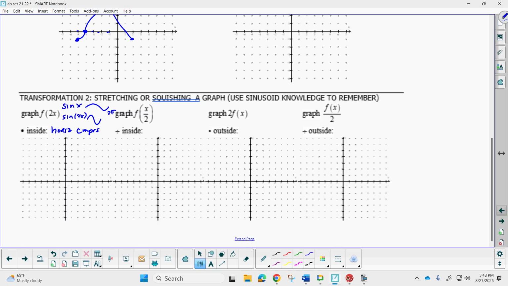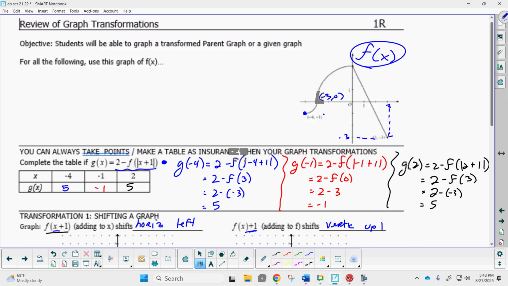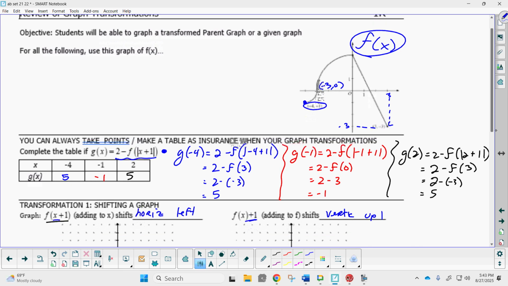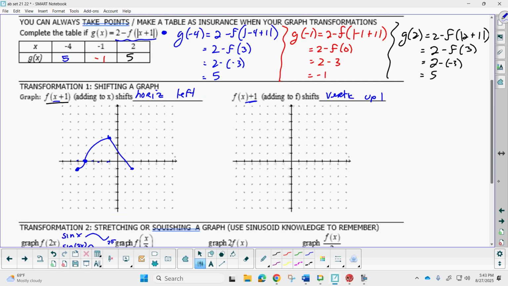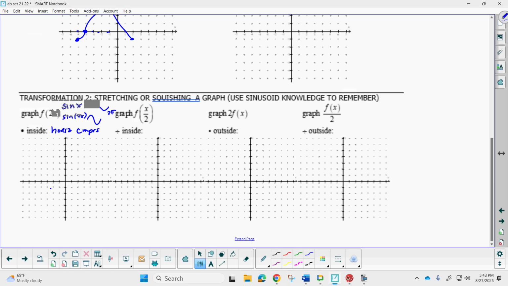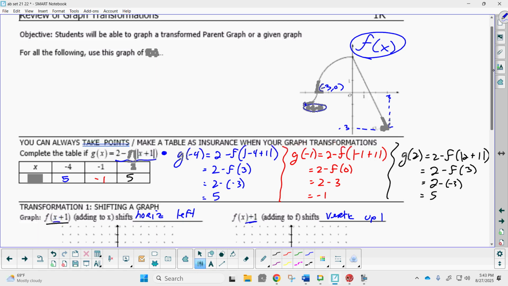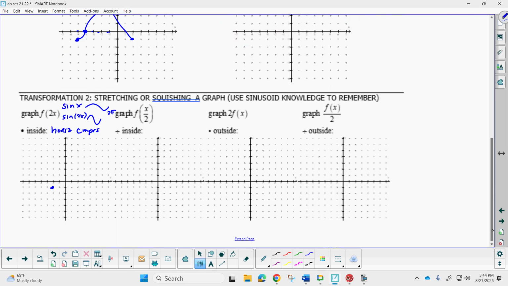Now, because it's horizontal, I'm going to focus on what happens to the x at the interesting points. I'll leave the y. So this point here, -4, -1. If I compress the x, leave the y, then it would become -2, -1. This point here, horizontally squish the -3, it becomes -3 halves, 0.